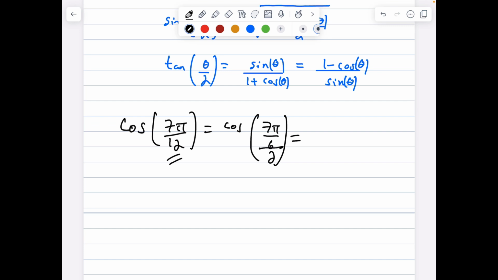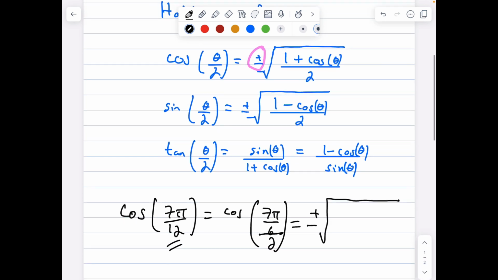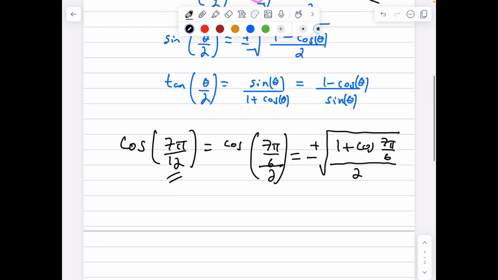The other difficulty is this. If you look at the formula now, plugging that information into the identity, you've got that plus or minus, and then this says take 1 plus the cosine of 7 pi over 6, the angle that you divided by 2 to get to that point.